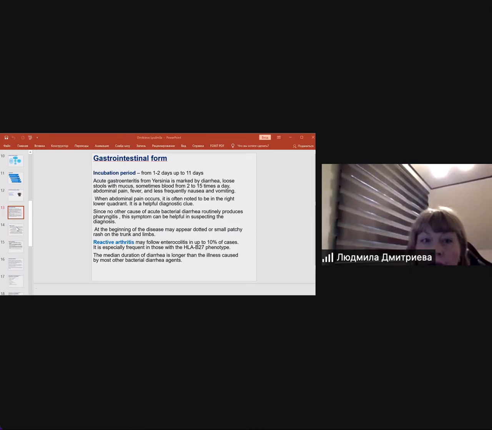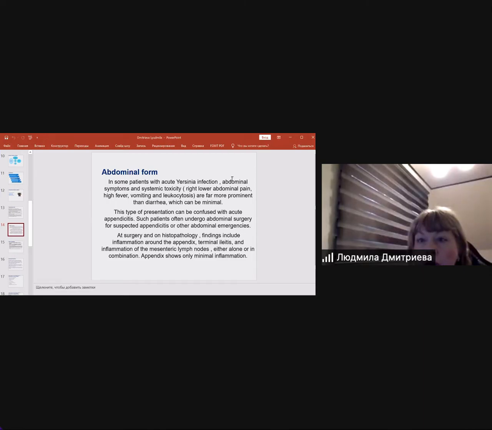Next clinical form of yersiniosis is abdominal form of yersiniosis. In some patients with acute Yersinia infection, abdominal symptoms and systemic toxicity, right lower abdominal pain, high fever, vomiting, and leukocytosis are far more prominent than diarrhea, which can be minimal. This type of presentation can be confused with acute appendicitis.